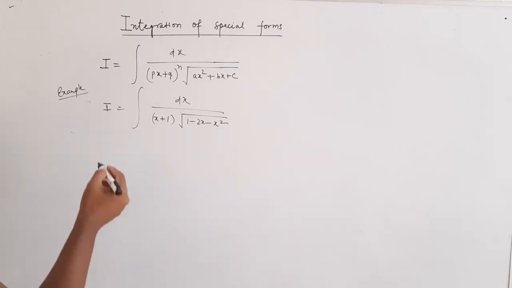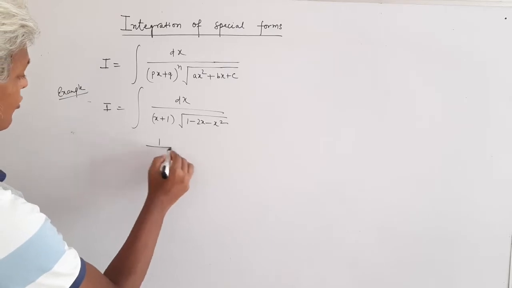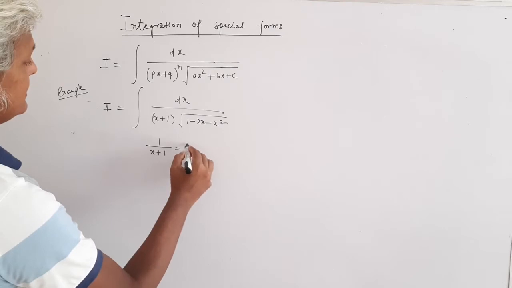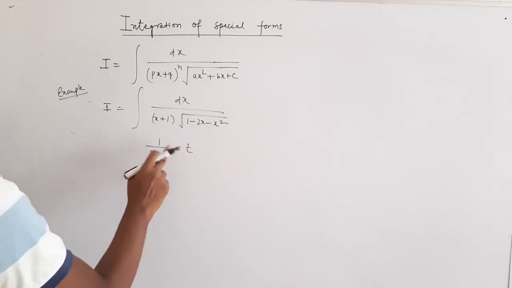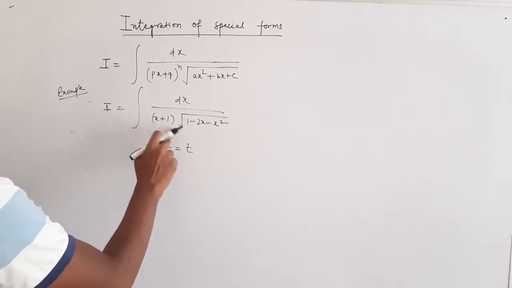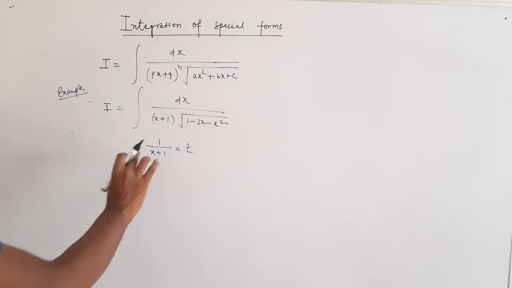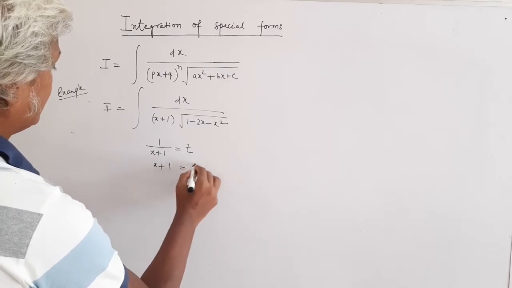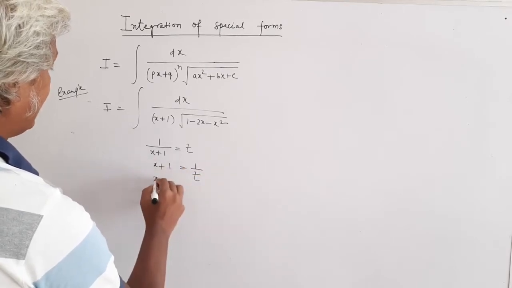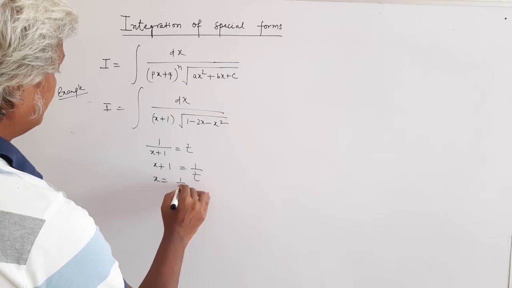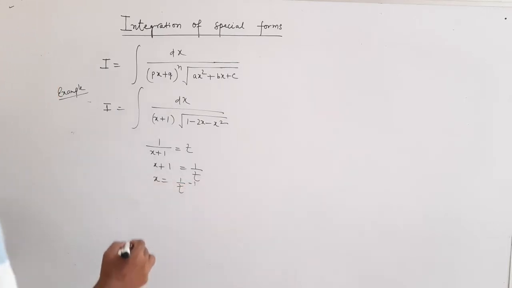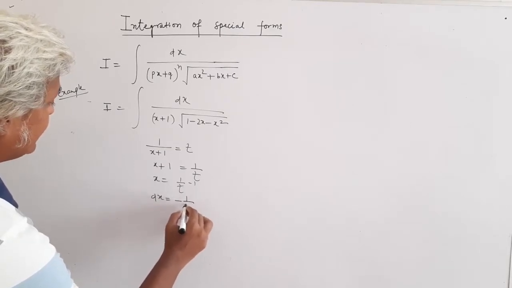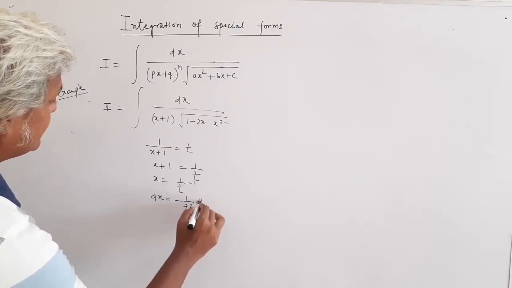The rule says that first you have to assume 1 upon x plus 1 as t, or you can say x plus 1 equals 1 upon t. If you take the reciprocal, they are the same thing. So x plus 1 becomes 1 over t, x equals 1 over t minus 1, so dx is minus 1 over t square dt.